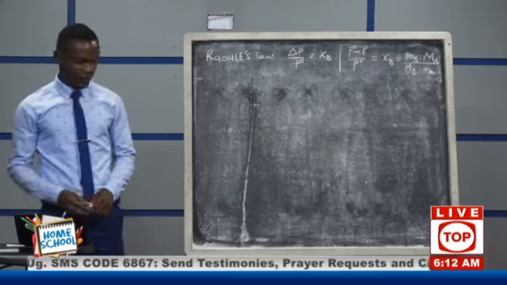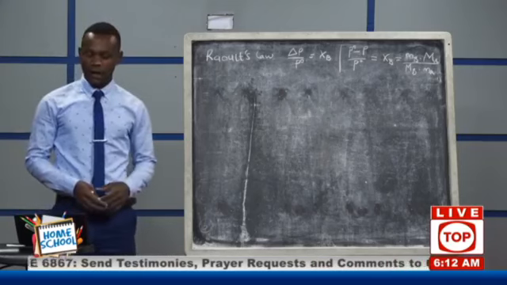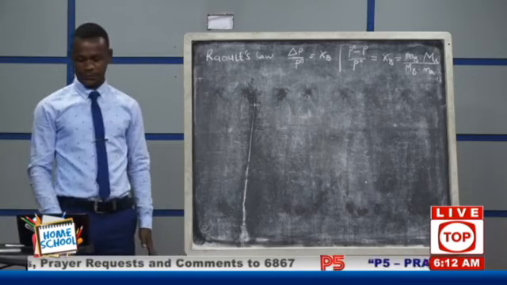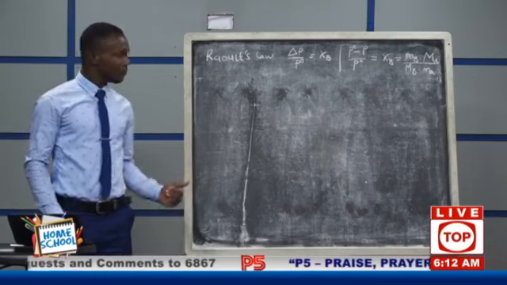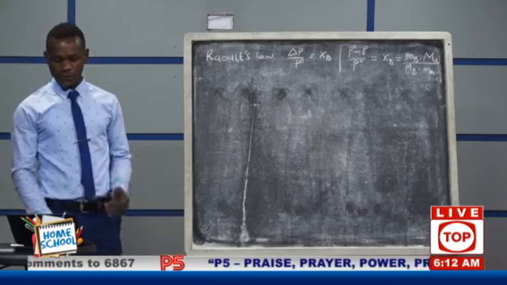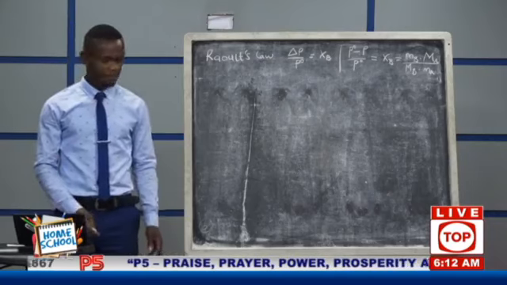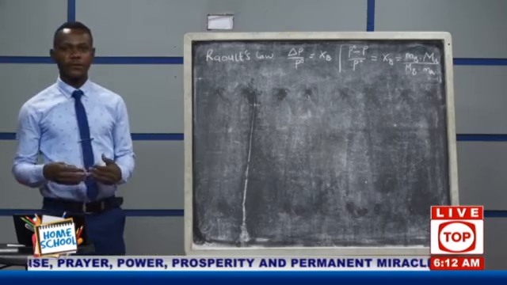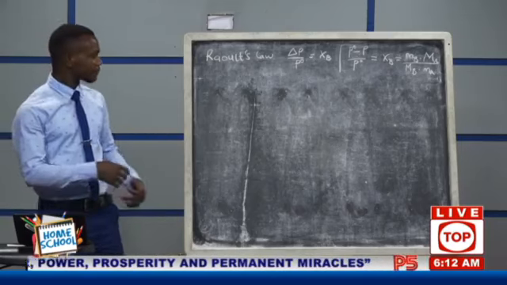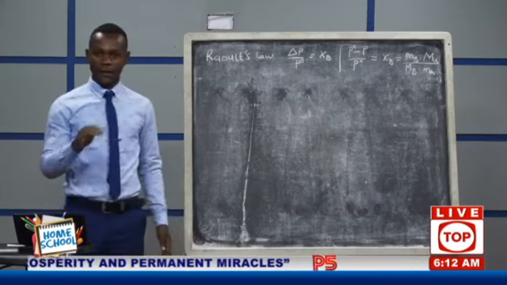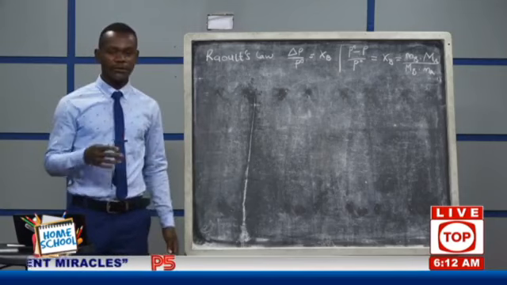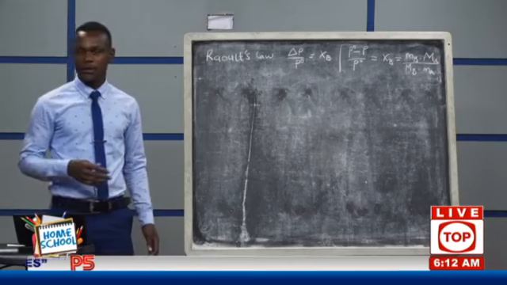So today, majorly, we are going to look at boiling point elevation of solutions. We can call it ebullioscopy. Remember we said that we shall be defining these terms or describing these things in one way or the other as we continue with our lessons.